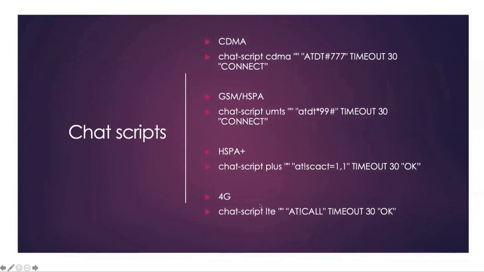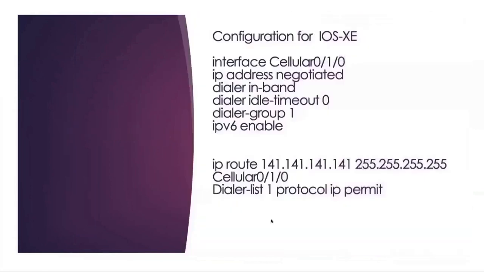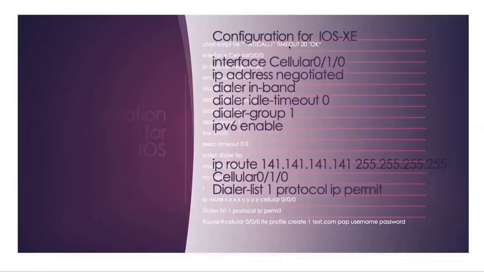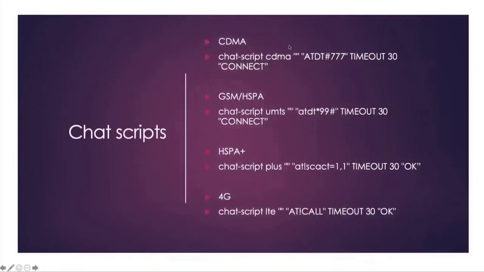And most of the time it's IOS XE, so you don't even need to configure the chat script. But if you do get a different connectivity where you are using GSM or HSPA, you can refer to this and get the chat script from here. And then how we configured it for LTE here, you can just configure it for whatever technology you're currently using. So that is where you refer to the chat scripts.